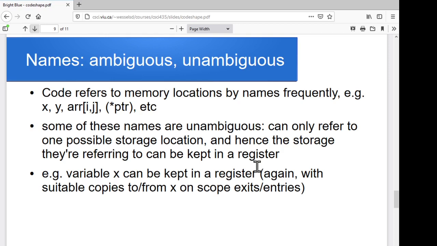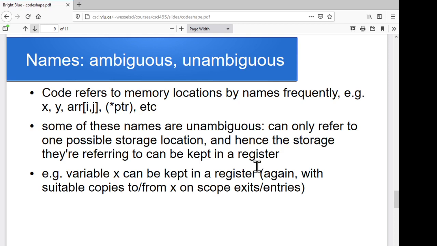And we want to make sure that we're getting the right values in terms of what the program is trying to refer to. If we're dealing with straight variable names, usually it's unambiguous. If folks are referring to variable x, it's variable x.